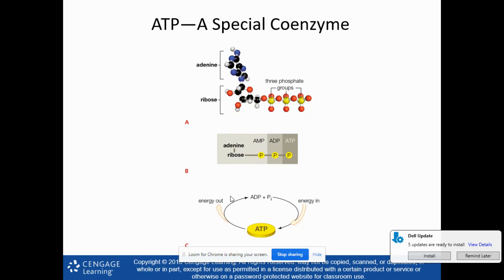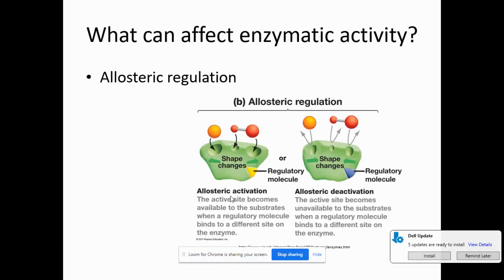All right, so ATP is an example of a coenzyme. All right, so some molecules try to slow down enzymatic activity. All right, and so we get this idea of allosteric regulation.